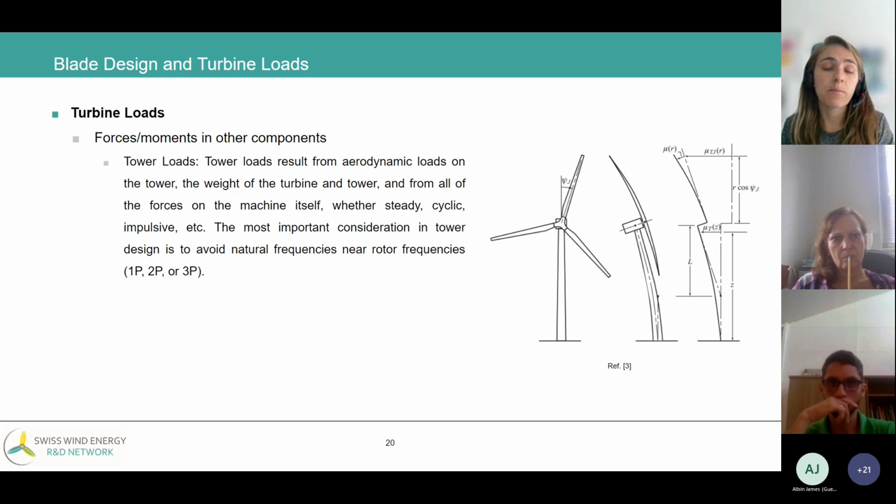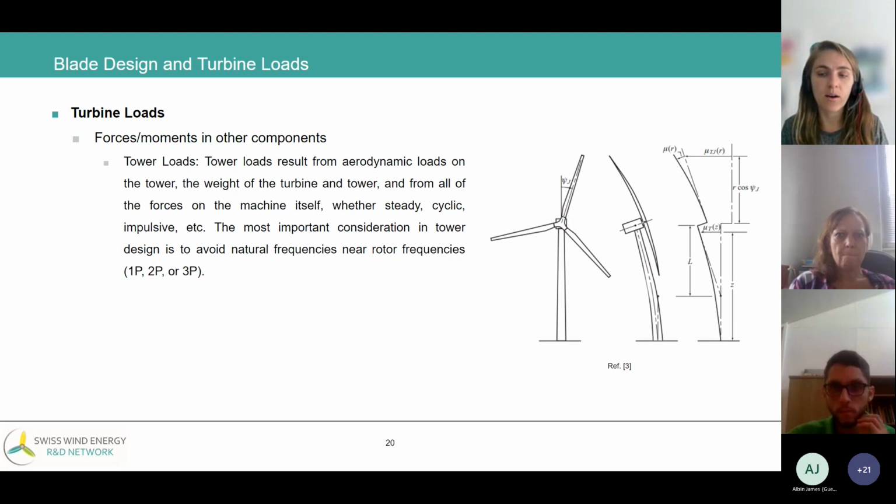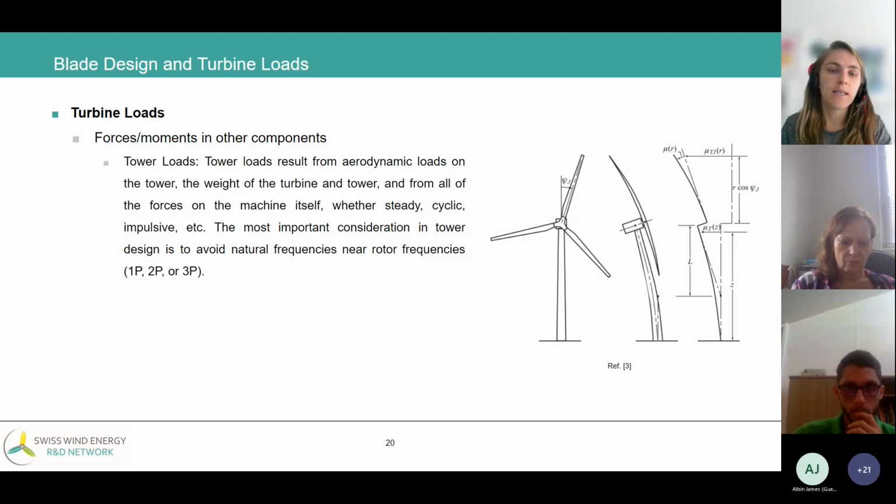Problems of resonance are very important here for the loads. The tower loads are also very sensitive to your foundation, and of course from an offshore perspective, to whether your foundation is floating or cable stayed. So all this balance needs to be considered when you are designing your tower.